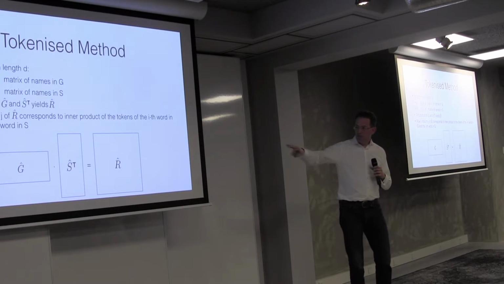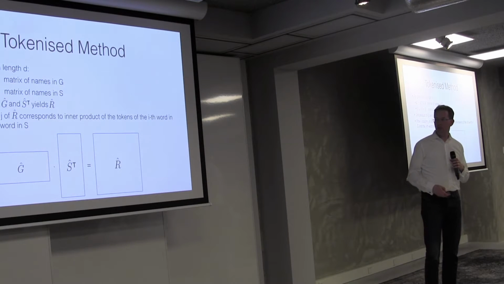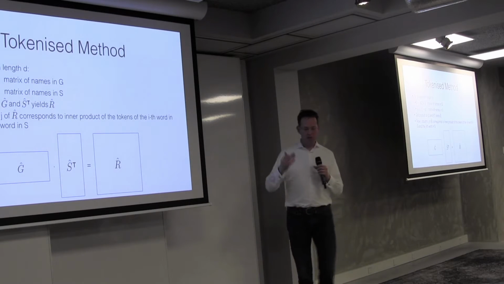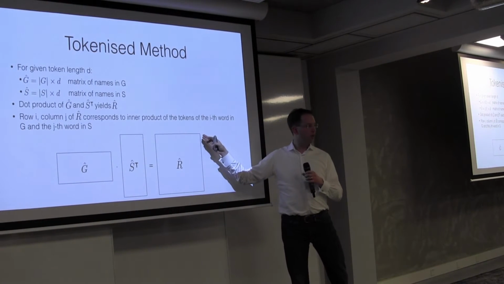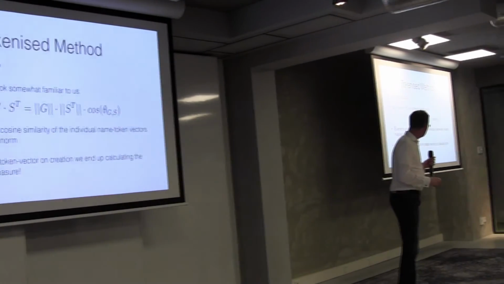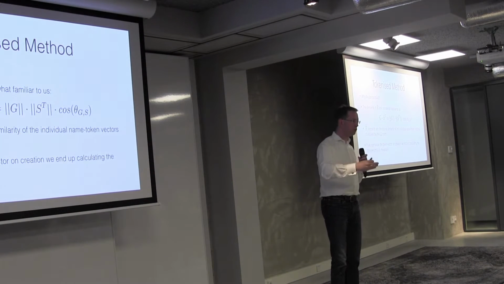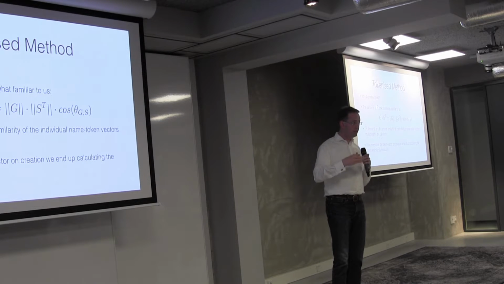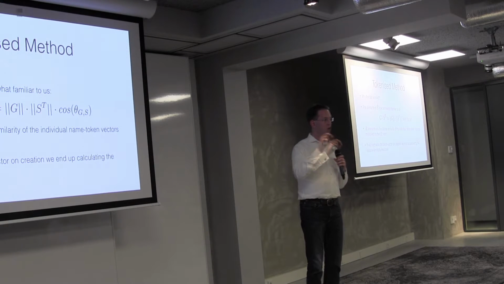So if we multiply these 2, you get the inner product, of course, in the result matrix, which would have a score for all the elements of G, the 12.7 million names, and all the candidates in S being matched to that. And why we go through that lengthy discussion is because if you normalize the rows of G to have a length of 1, and do the same for S, then multiplying these matrices results exactly in the cosine similarity of those two names.